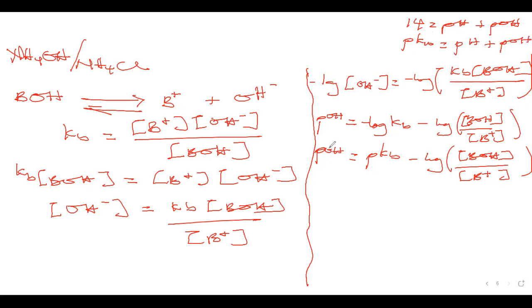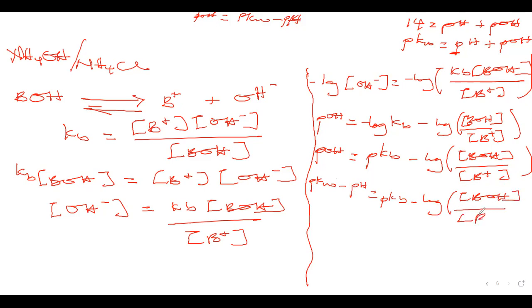So I can replace the whole of this. That means my pOH will be equal to pKw minus pH. So I can translate here into pKw minus pH. This will give me my pKb, then minus log of BOH out of the concentration of B plus.